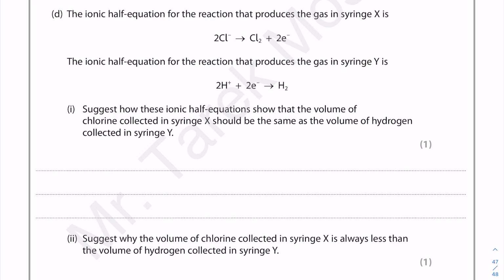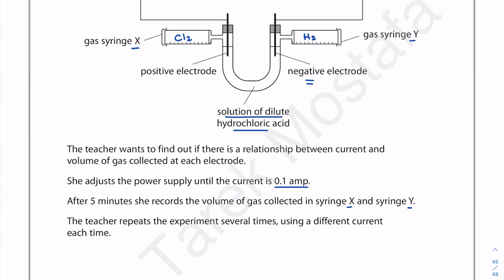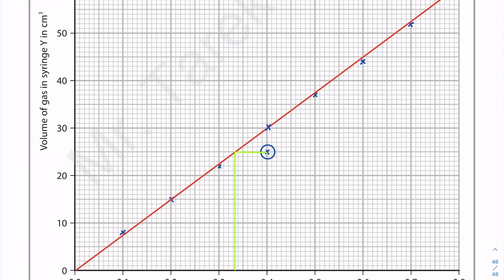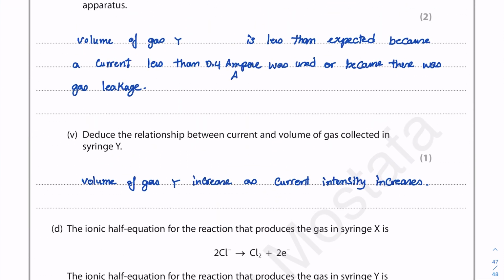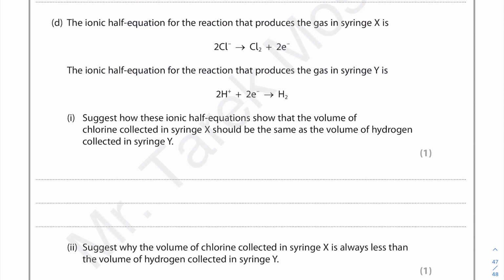Ionic half equation for the reaction that produces gas in syringe X. هو مسميها gas in syringe X و gas in syringe Y. يبقى أنا كنت صح من شوية إن هو gas syringe Y وهنا volume of gas Y اللي هو in syringe Y. The ionic half equation for the reaction that produces gas in syringe X is 2Cl negative gives Cl2 plus 2e negative.